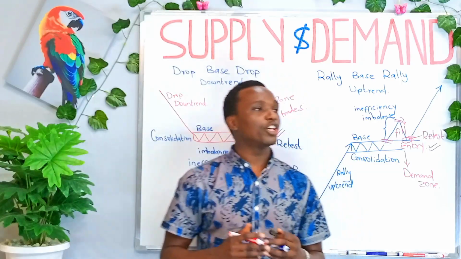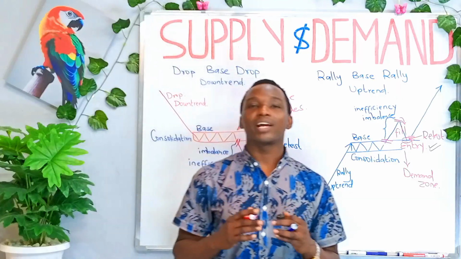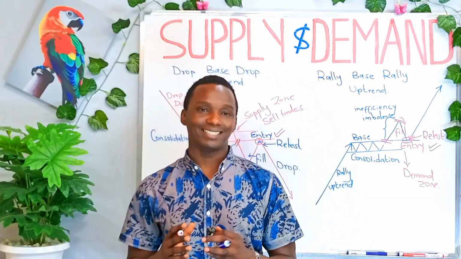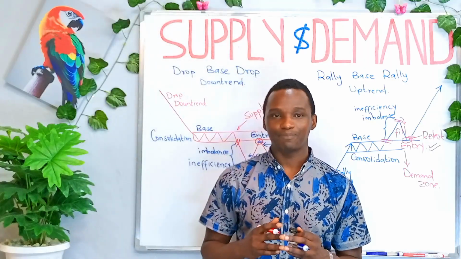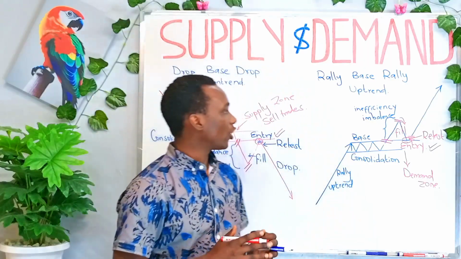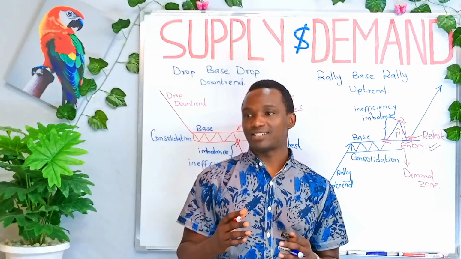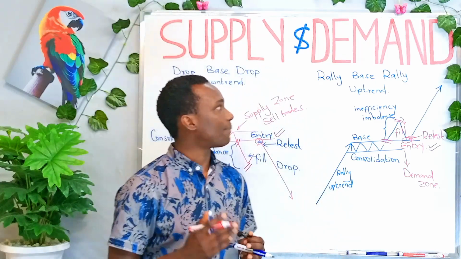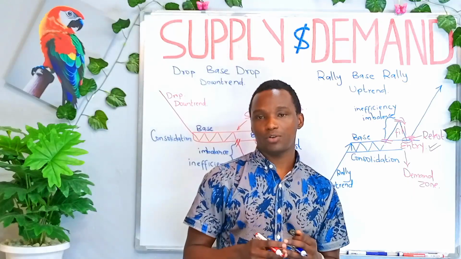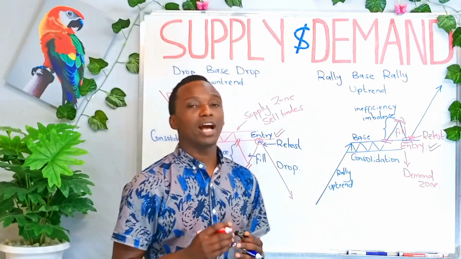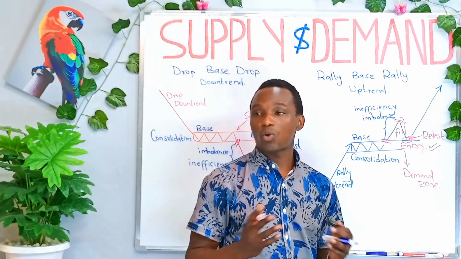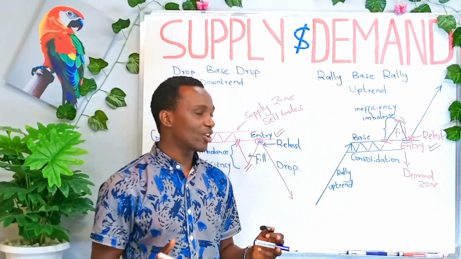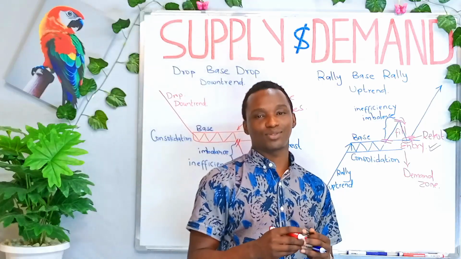Sixth, we are going to look at the proper and correct way of drawing our supply and demand zones. Number 7, we are going to look at the best time frames for us to trade supply and demand. Eighth, we are going to look at what qualifies a zone to either be a supply zone or a demand zone.